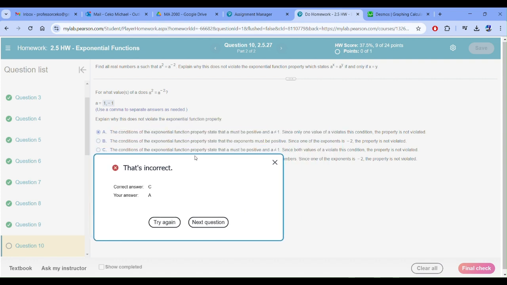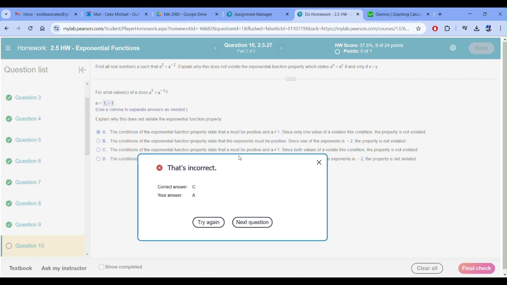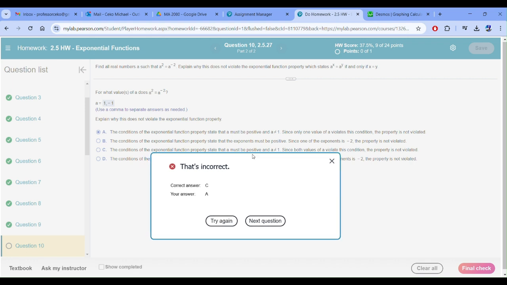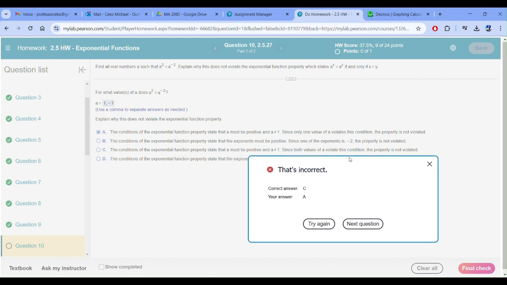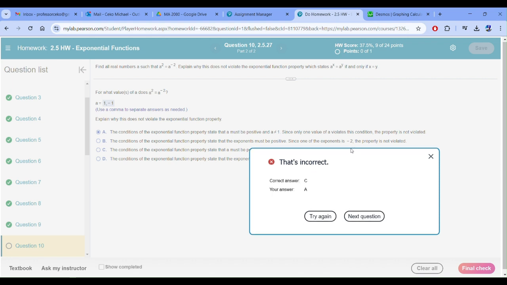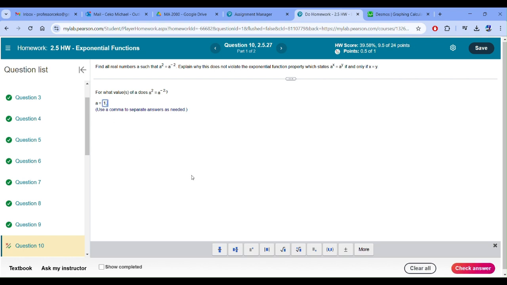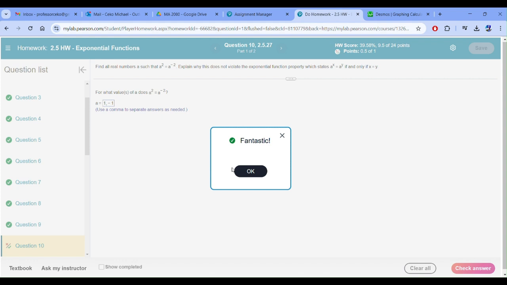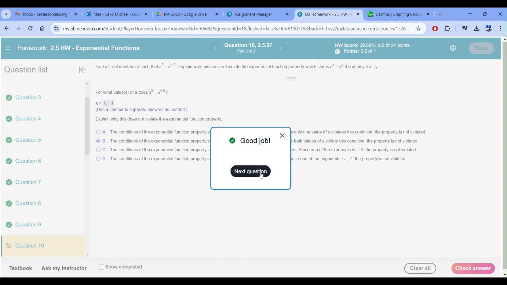C, the conditions of the exponential function state that a must be positive and a cannot be equal to 1. Since both values of a violate this condition, the property is not violated. Sure, I have absolutely no idea what this is saying. 1 comma negative 1. That's easy.